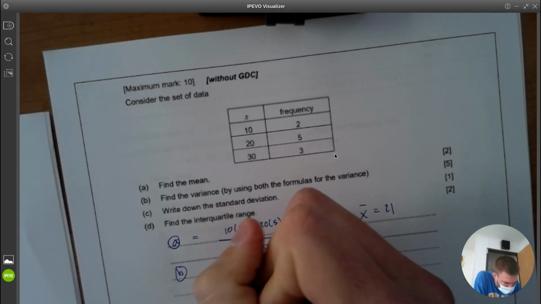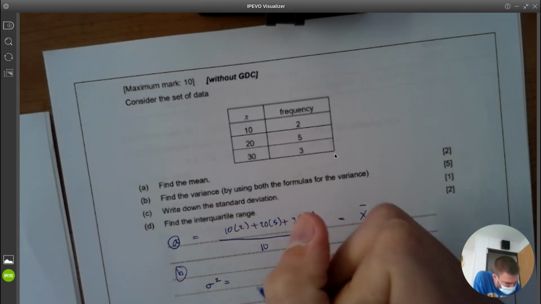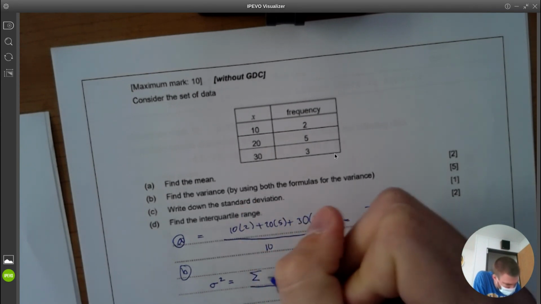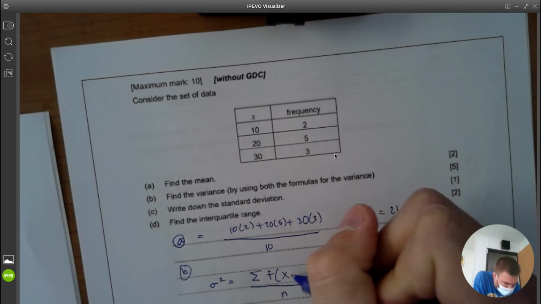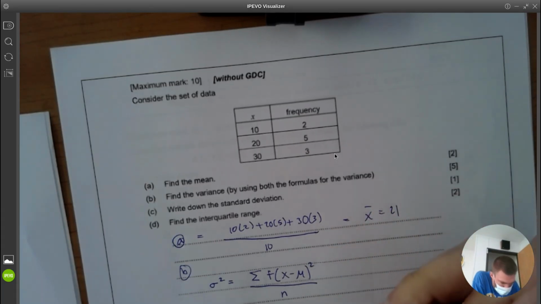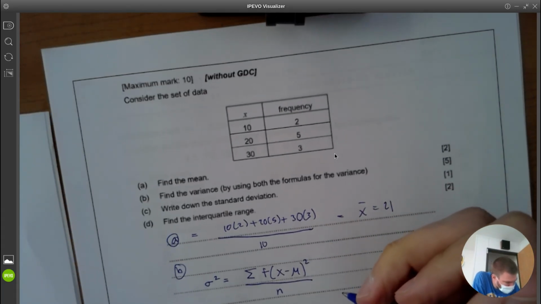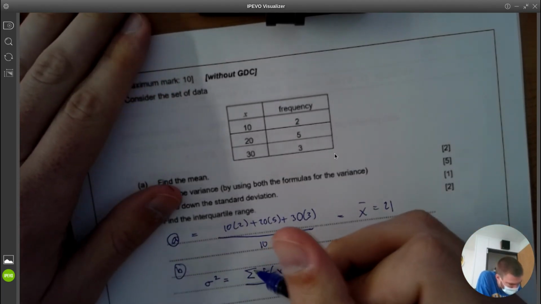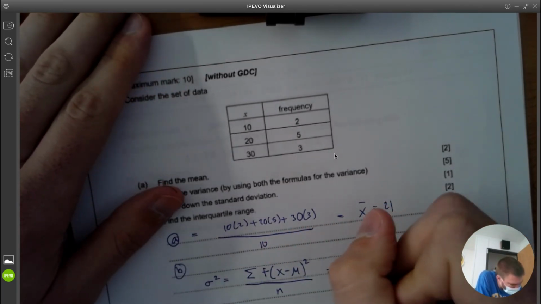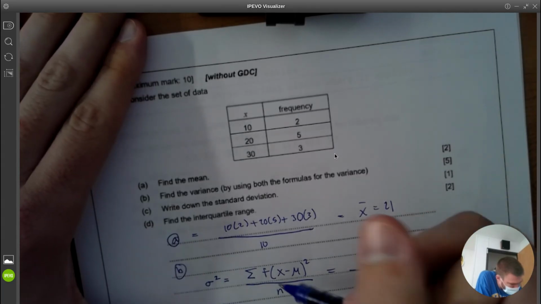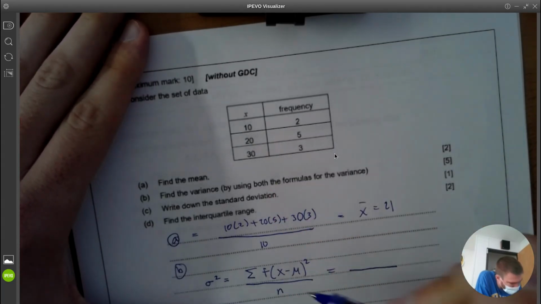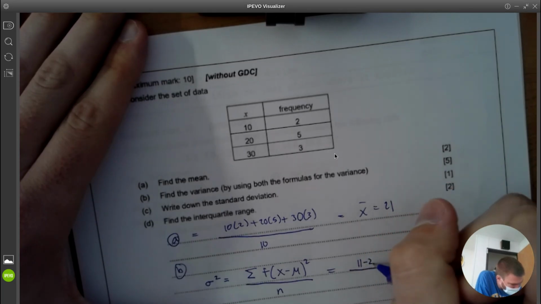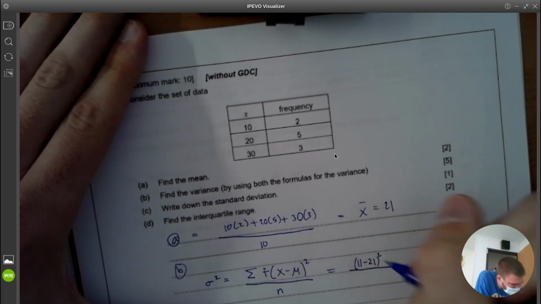One of them is standard deviation squared is equal to one over n, the sum of the frequency of x minus average squared. Well, the sum: the first x value is 10, and it is different by 11. 11 minus 21 squared.